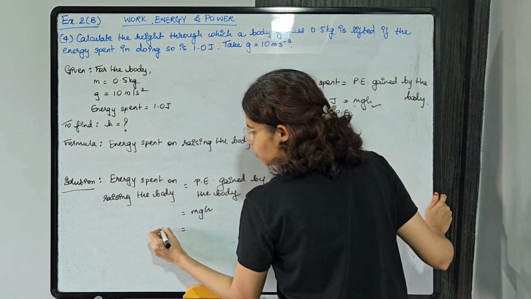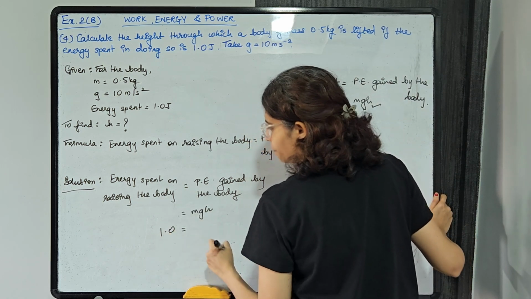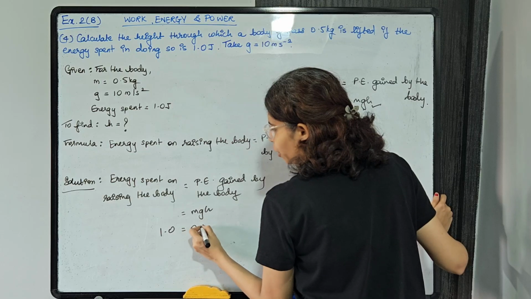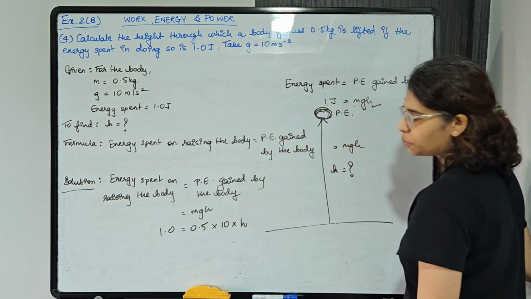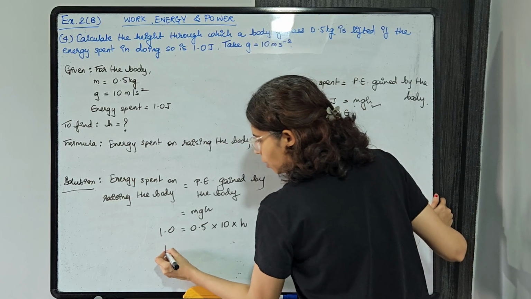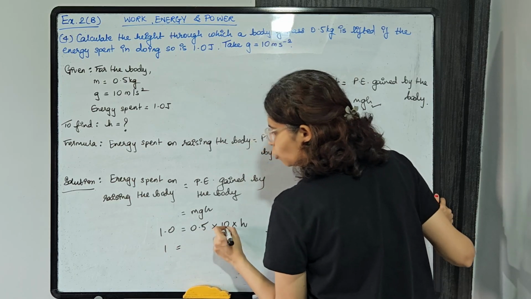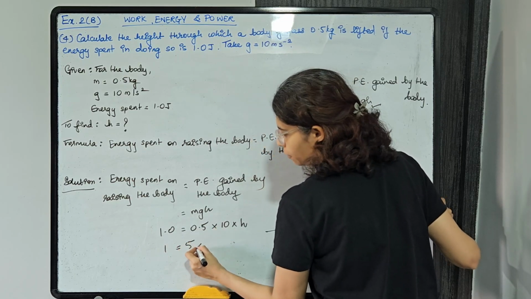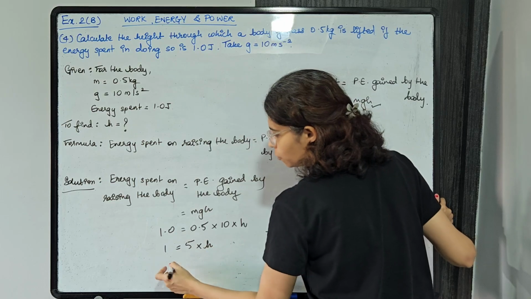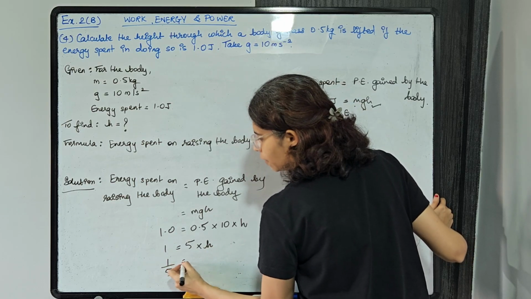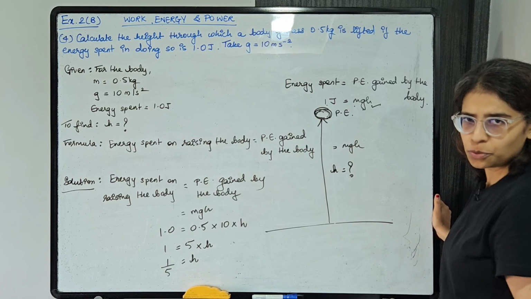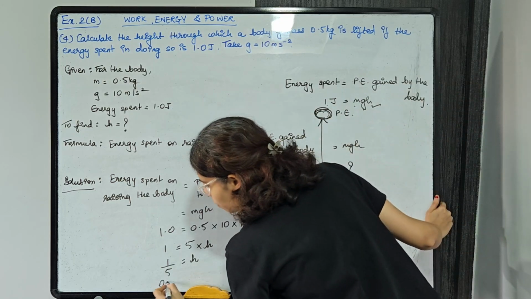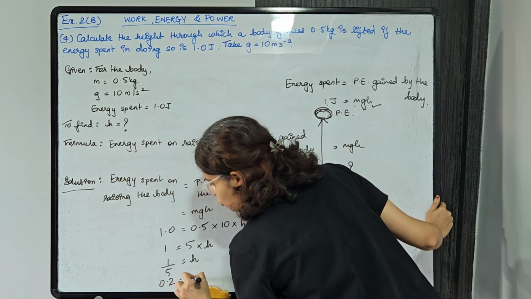So put the values: 1.0, mass is 0.5, g is 10, and h we need to find out. So 1 is equal to 0.5 into 10, which is 5, into h. Shift the 5, 1 by 5 is equal to h. 1 by 5 is nothing but 0.2. So 0.2 is equal to h.